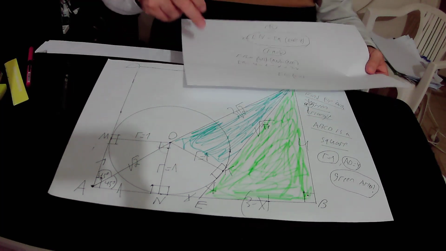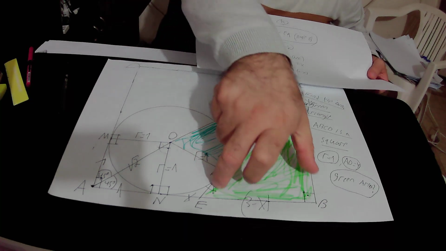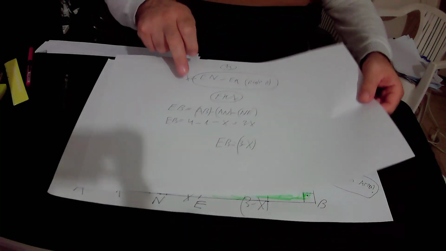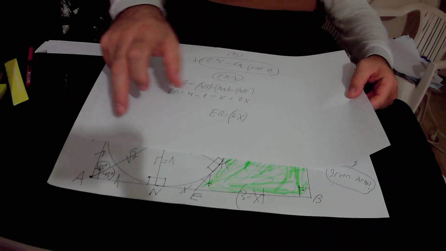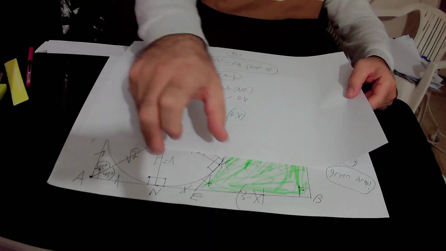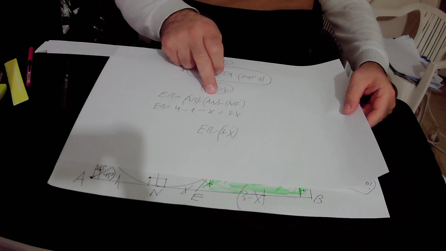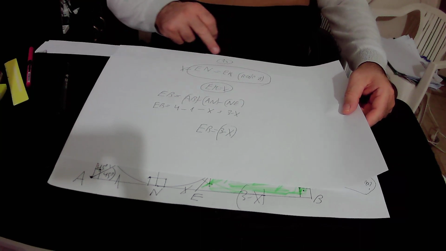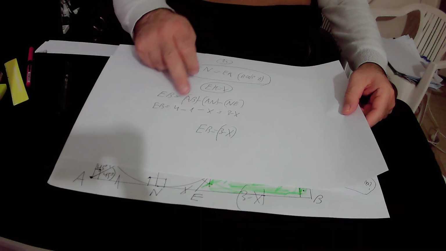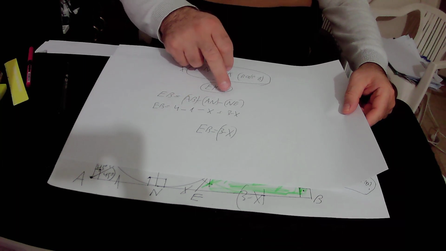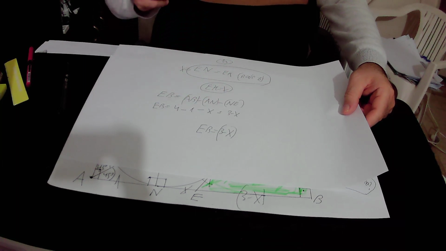And then we found out the value of line segment EB. EB equals AB minus AN minus NE. AB equals 4, AN equals 1, and NE equals X according to our definition.